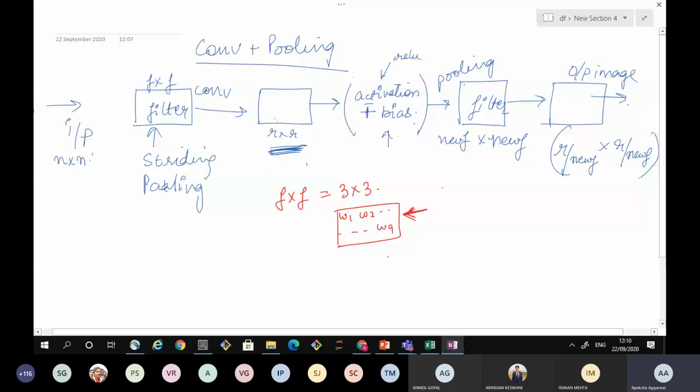And the second thing I want to learn is a bias. Not for all the weights, for one image there is one bias and 9 weight parameters. So basically the total number of parameters that the convolution layer is learning is 9 plus 1, where 1 is the bias and 9 is the number of weights.